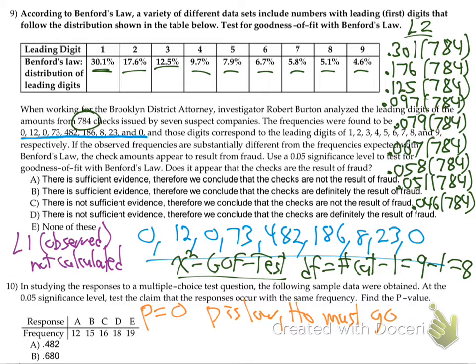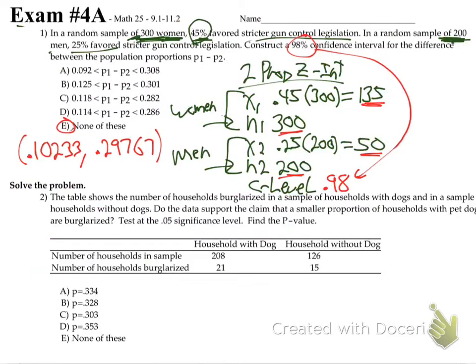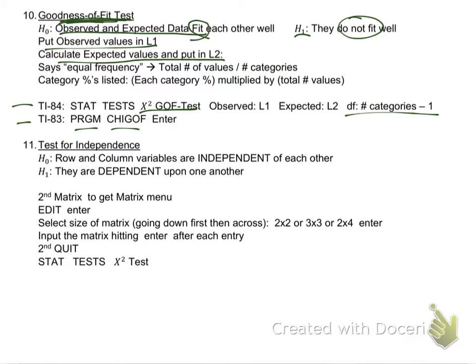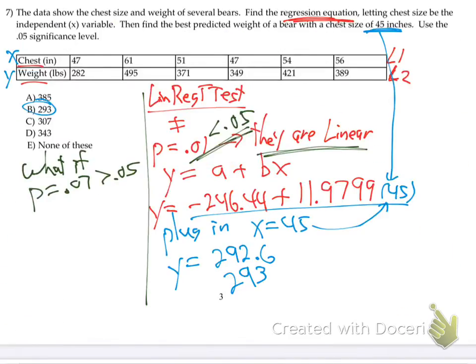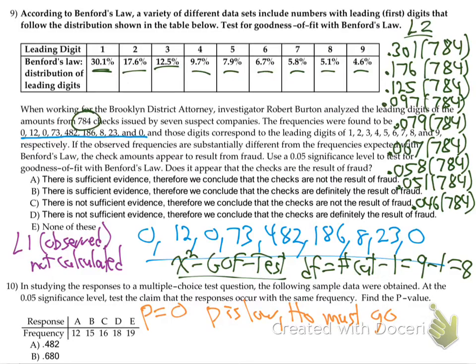So what is H0? Well, if you go back to goodness of fit test, H0 is that they fit, and H1 is they do not fit. And we're saying the H0 must go.